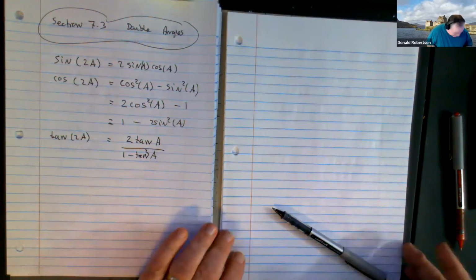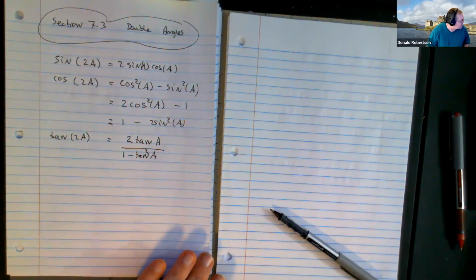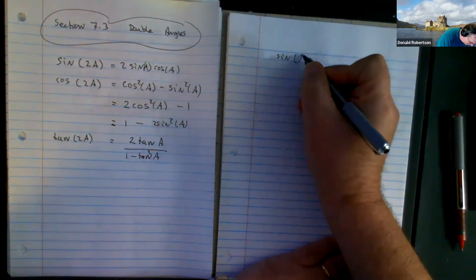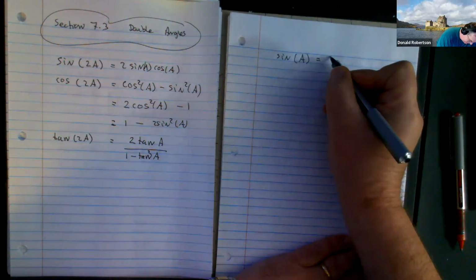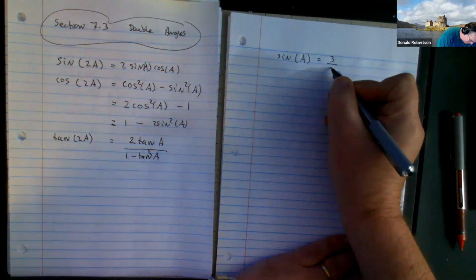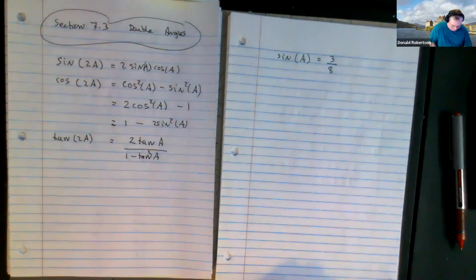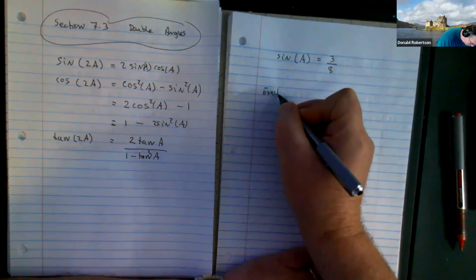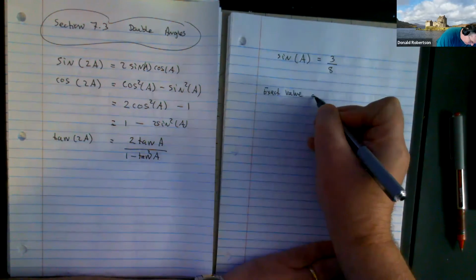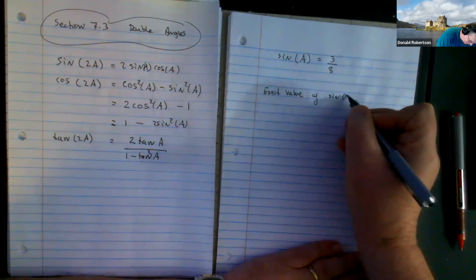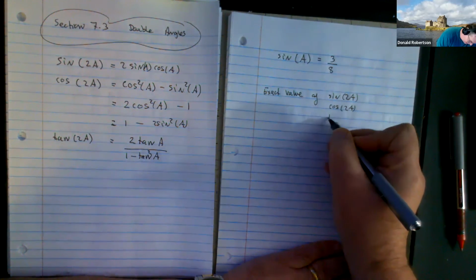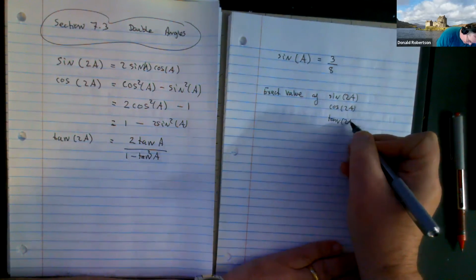So let's do the kind of question that you might be asked. Suppose I tell you that the sine of A is 3x, and I want you to find the exact value of the sine of 2A, the cosine of 2A, and the tangent of 2A.